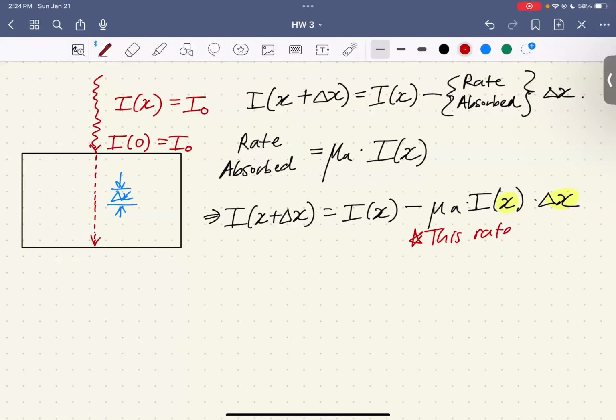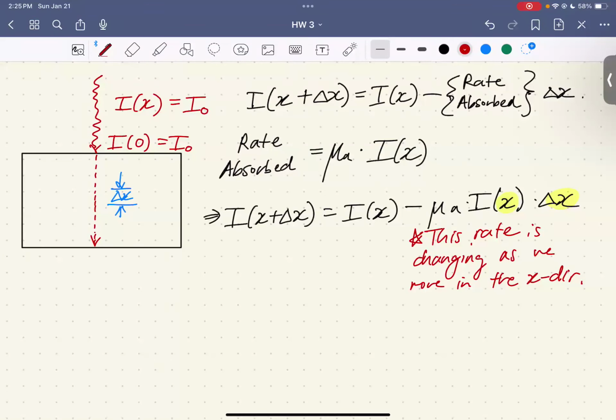This rate, mu times I of x, is changing as we move in the x direction. This is really similar to week 1 when we learned about finding that Q in cylindrical, when we had that changing radius, we had a changing cross-sectional area, which then changed our Q at that radius location.